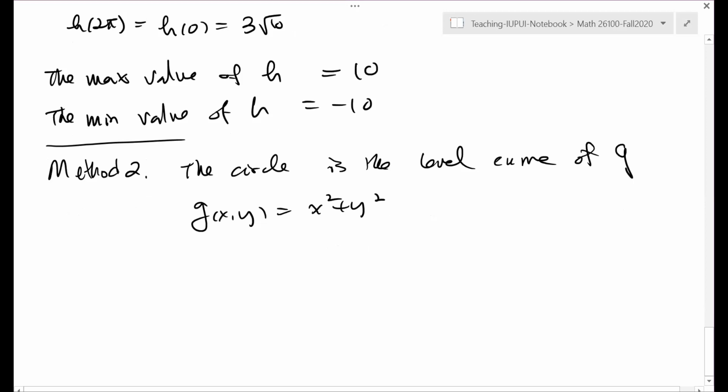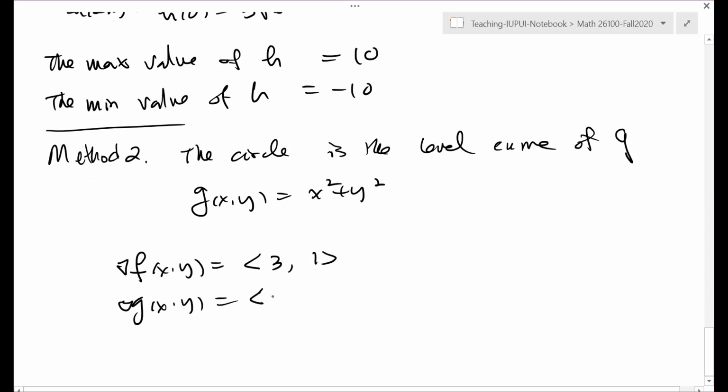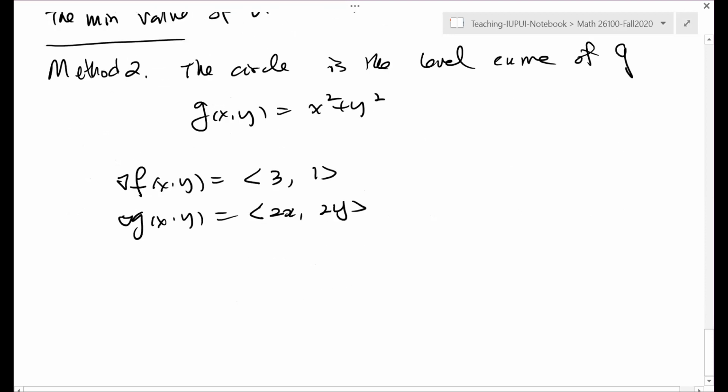So all I need is to find the gradient of f. This is going to be just a constant vector. The gradient of g will be a little bit different: 2x and 2y. If the function attains a local maximum or local minimum value at some point, then at that point the gradient of f is going to be lambda times the gradient of g.